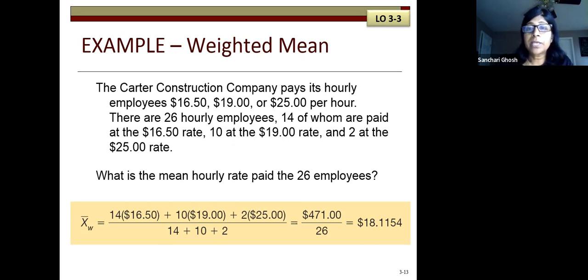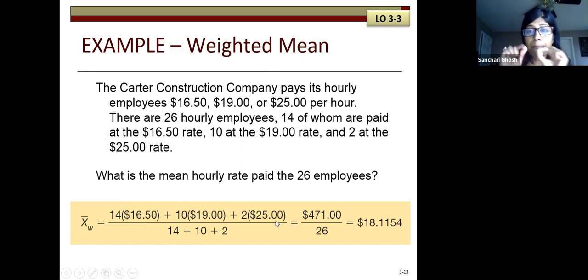What it will reflect is just that probably the two employees are getting more, because 25 is so much compared to 16.50. 19 is in between. So what can we do? We can do a clear weightage here depending upon what each employee is earning. If you have 26 employees, you have 14 earning these, 10 earning these, and 2 earning these.